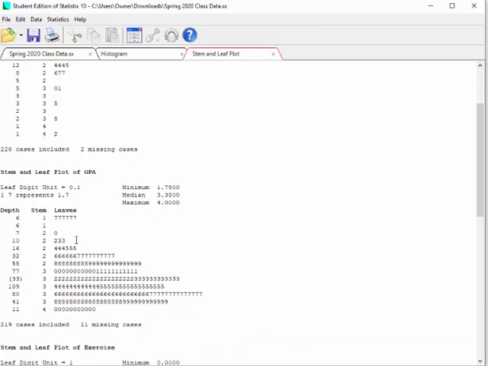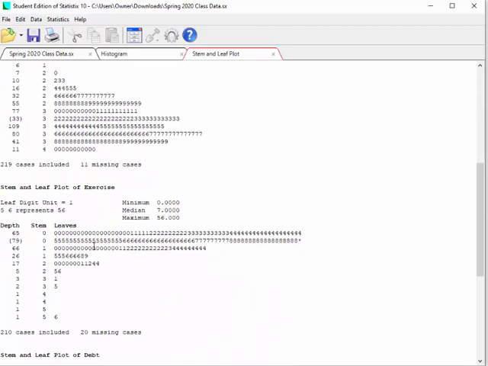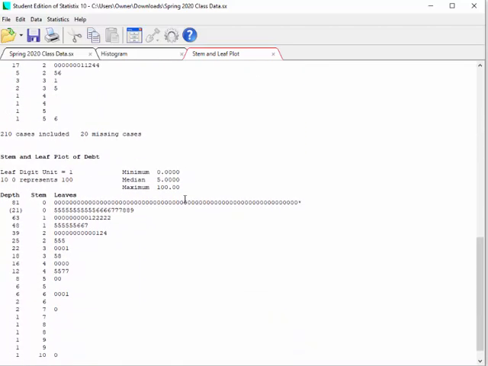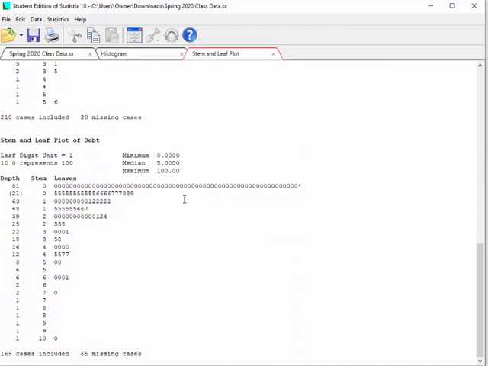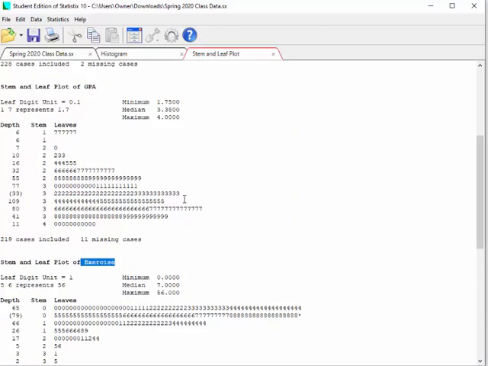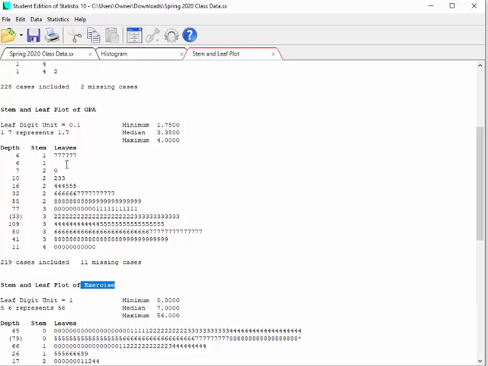I think it actually looks a little bit more normal in this plot than it did in the histogram, but still I wouldn't call it a great normal distribution. And then exercise times here, extremely skewed, and the debts are extremely skewed. So again, the descriptive plots would indicate that the GPAs are probably our most normal of the 4.